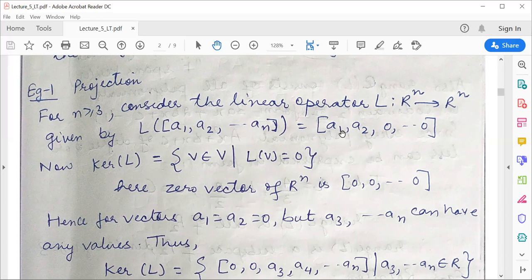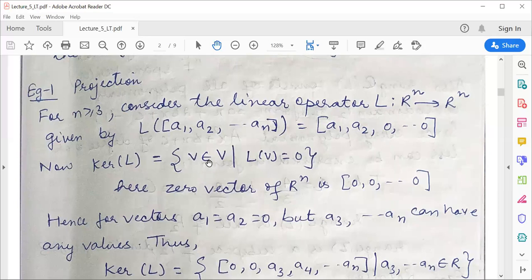And this vector will be 0 when a1 and a2 are equal to 0. But a3, ..., an can have any value, because as the transformation is defined, they go to 0 anyway.